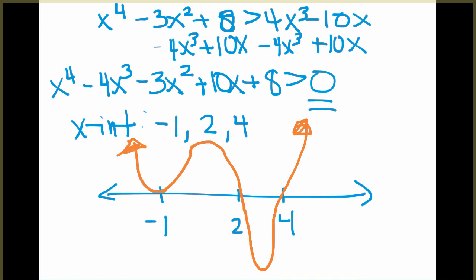But using this graph, we can now compare and find out when it is greater than 0. So this time, with this example, we want it to just be greater than, which means anywhere where it's above the x-axis. So I'm going to start tracing here because it's already greater than 0. So I'll highlight, and then notice I'm not going to include -1 because we just want greater than.